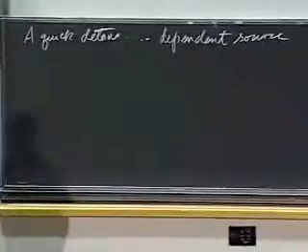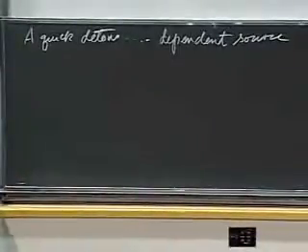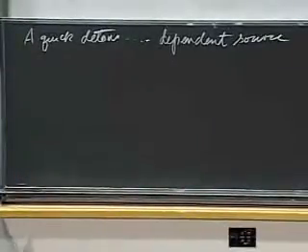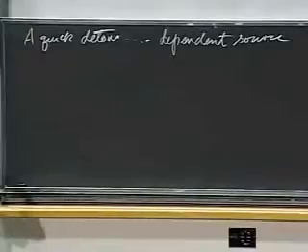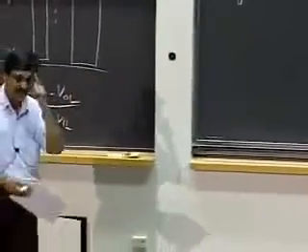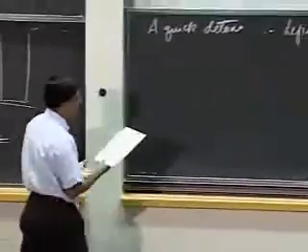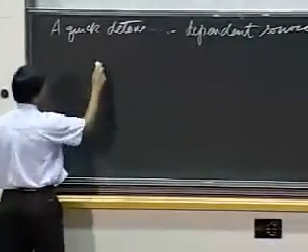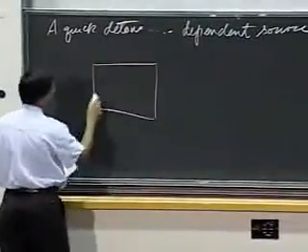Okay, let me introduce a new device for your arsenal of devices, along with resistors. You've learned about a MOSFET, a switch, voltage source, current source, and now a dependent source. So dependent source looks like this.